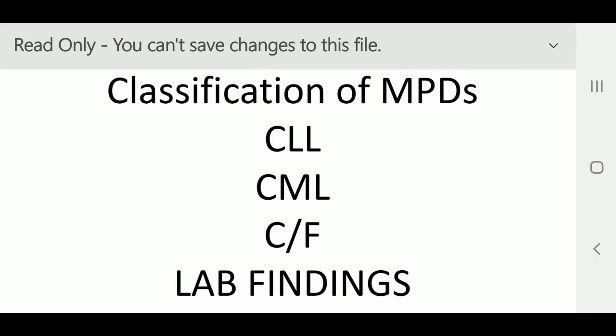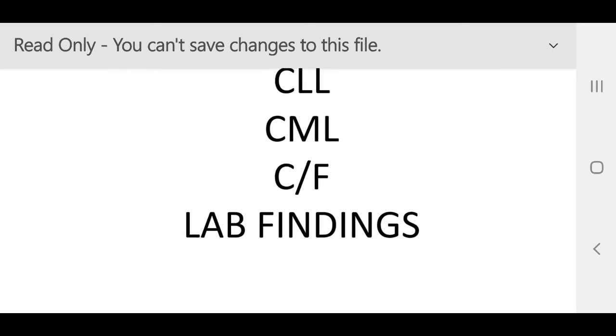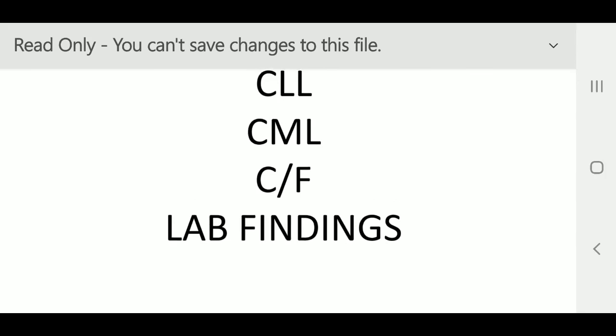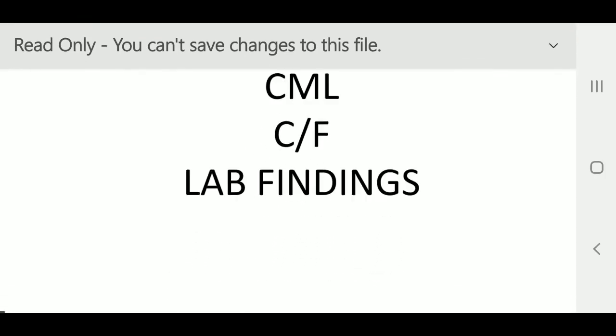In CML, the most important feature is the presence of the Philadelphia chromosome, that is the BCR-ABL fusion gene. And the second important feature of CML is that you have got the two Bs. What are the two Bs? You have the presence of basophilia and blasts that should be less than 3% in the peripheral smear. Lab findings we have discussed, and we have also discussed how we differentiate it from the leukemoid reaction. Thank you.